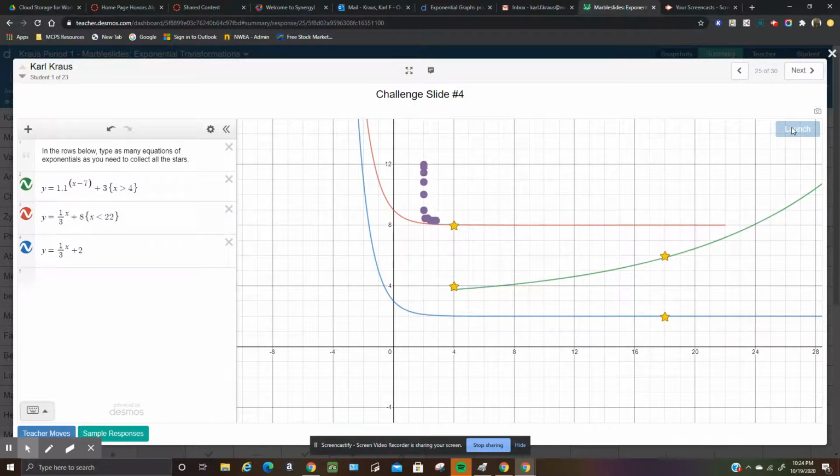If I launch the marble here, and then I use some restrictions on the domain in order to get these gaps here. Maybe some of you made some graphs that made it go quicker up here at the top, but that works. So, like I said, there's other equations you can put in there.